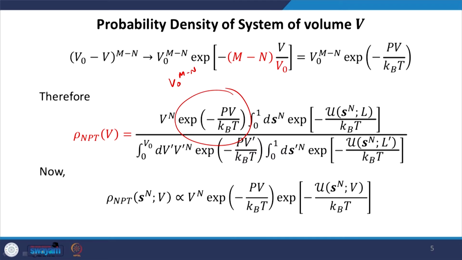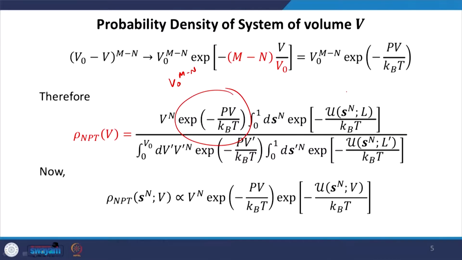So, this is what you get after simplification, and therefore, for a particular configuration, a particular configuration is given by a particular value of Sn, that is the scaled coordinates of all the n particles, and in here we are integrating over all the configurations.